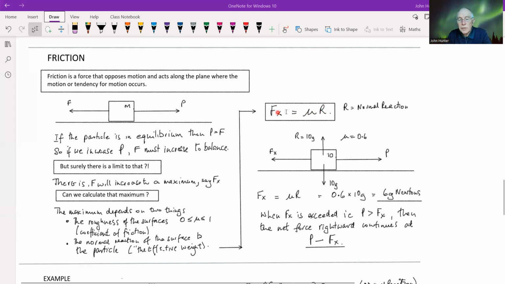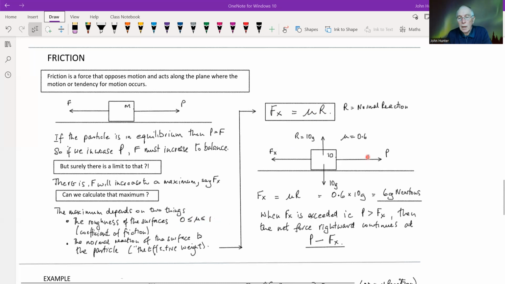So yeah, as straightforward as that, really. That little calculation. Now this mu, this coefficient of friction, actually varies between 0 and 1. So 0 means very slippy, two very slippy surfaces, or at least one very slippy surface, and 1 would be totally rough and very difficult to get any movement at all.